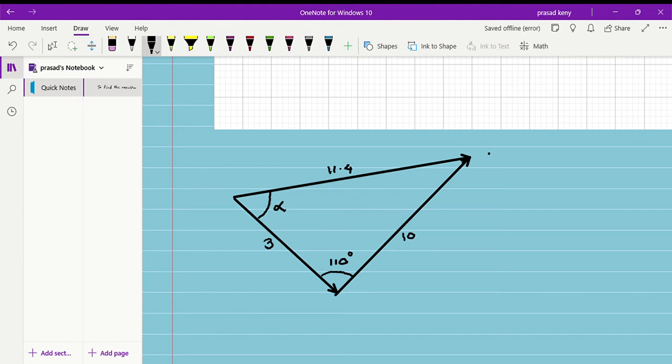Now, since I know one side and the opposite angle, and I want to find one of the angles of the triangle, I will go for the sine rule.